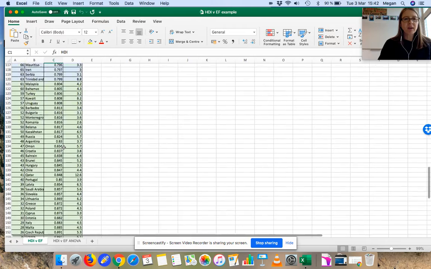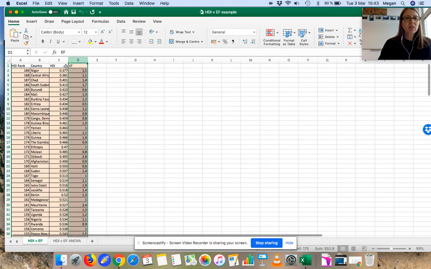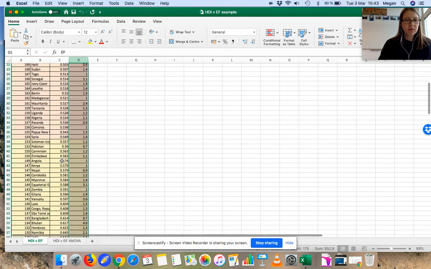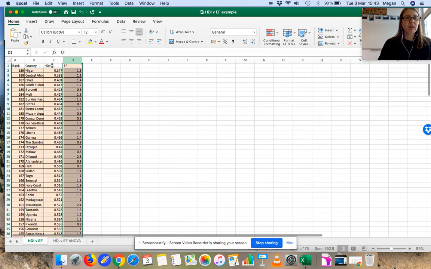Okay, and next to it, so here's our independent variable. And next to that, we have our dependent variable, which is the ecological footprint for each of these countries. So I have both the score, independent variable of the HDI, and the number of hectares needed per person to meet all their needs. So we're going to see, okay, as these numbers go up, what tends to be happening to the ecological footprint of a country.